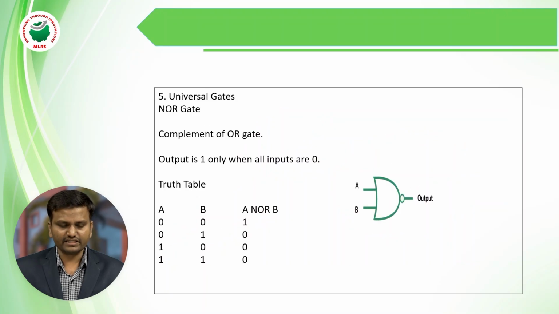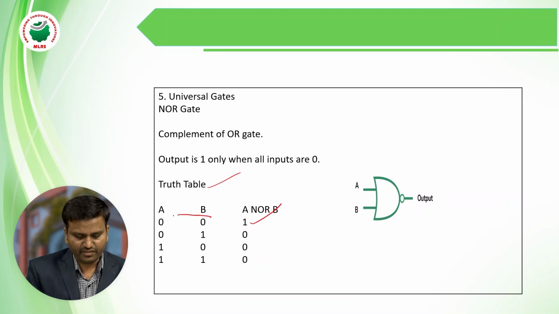And a universal gate is the NOR gate. It is the complement of the OR gate. Complement means it is the reverse of the OR gate. Output is 1 only when all inputs are 0. Here we can see the truth table. When A is 0 and B is 0, the output becomes 1.